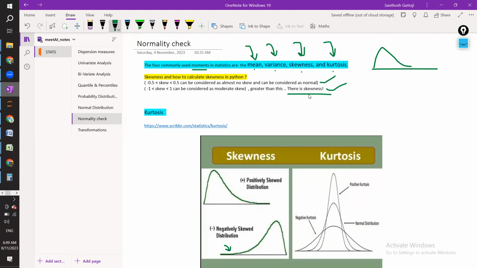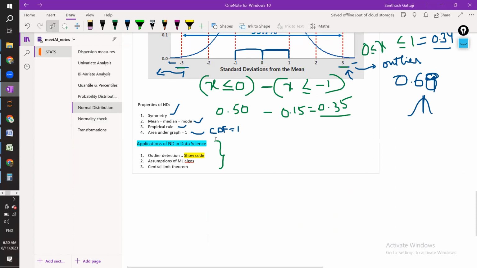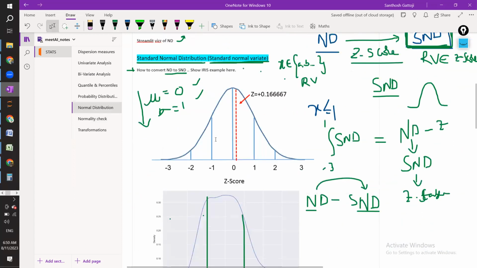Why are we studying skewness? As I said yesterday, since we have studied and understood the normal distribution and standard normal distribution a lot, every concept we are going to study from now is directly or indirectly related to this concept, or will be revolving around it.